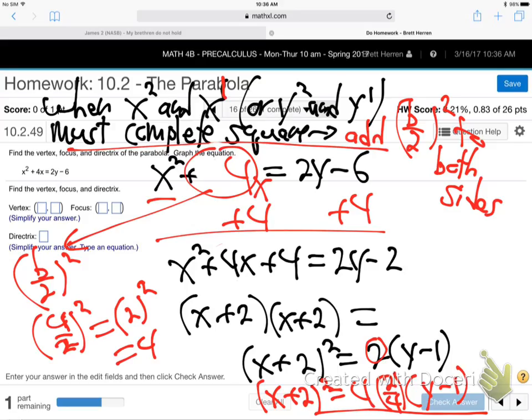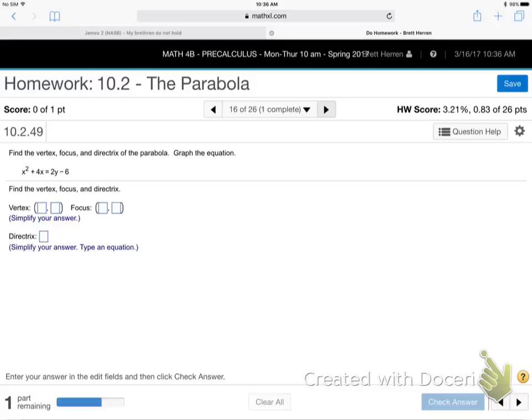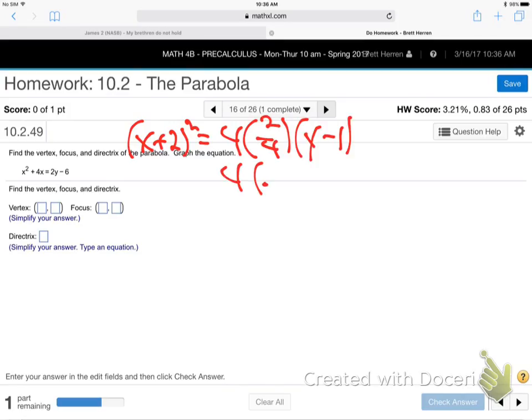Can I go to a fresh screen and graph that? Everybody got that there? So I've got x plus 2 squared equals 4 times half times y minus 1. So we've got x plus 2, y minus 1. And that's really just 0.5, just making it decimal.